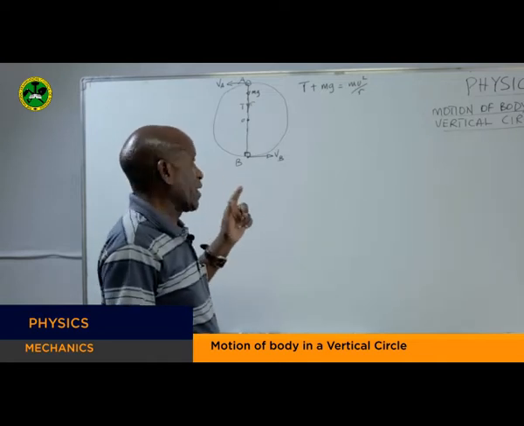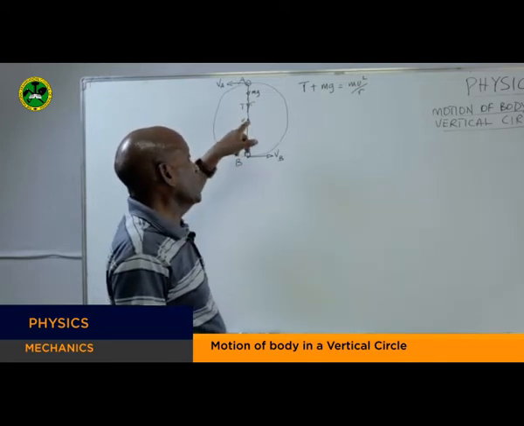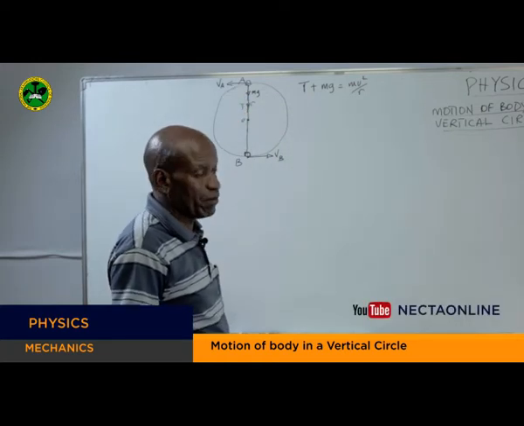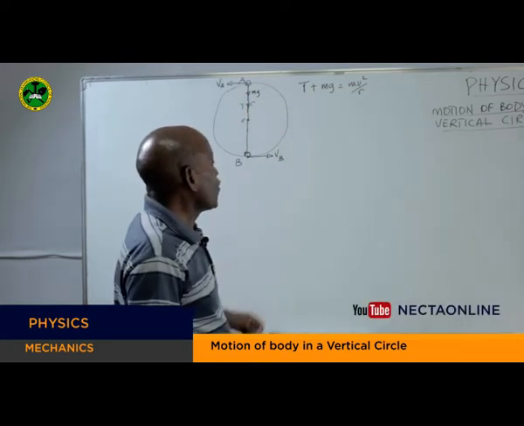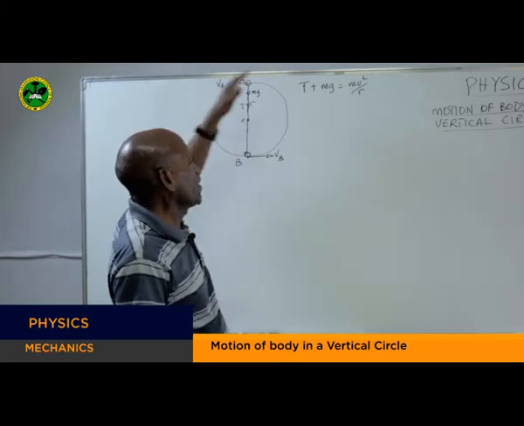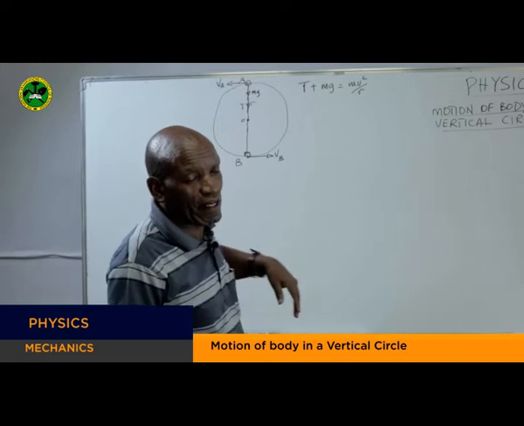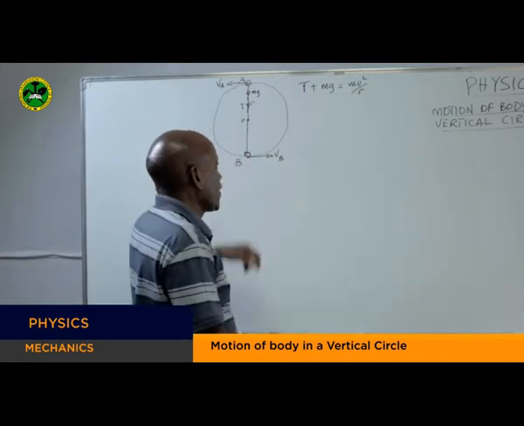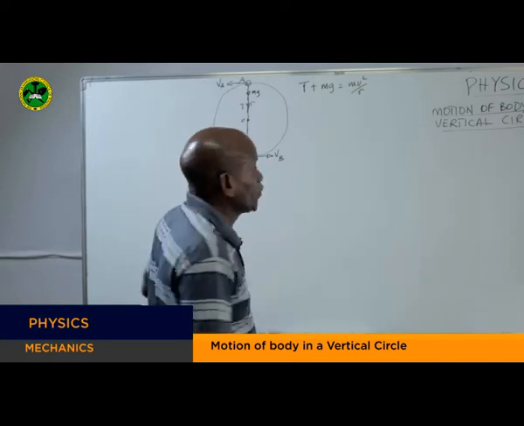But remember, if T is the tension in the string at the top, for the minimum velocity that will just make moving around the circle successful, the tension T there should be equal to 0.